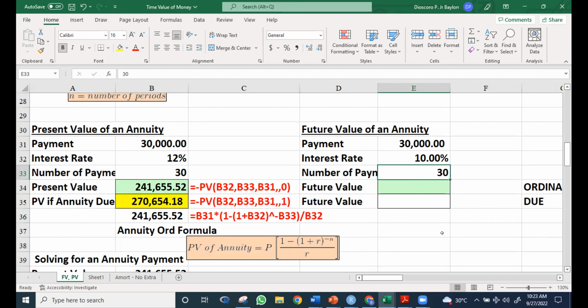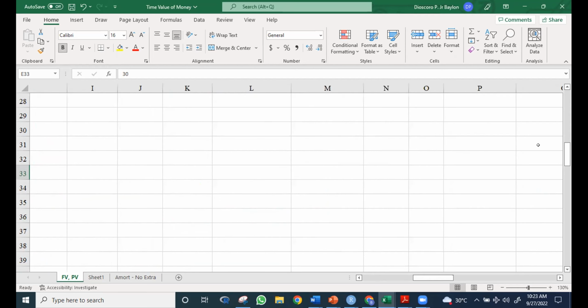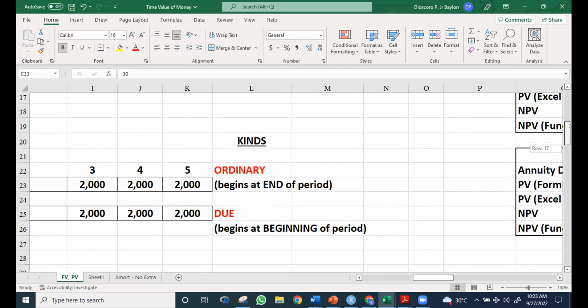So ang implication yan guys, if you're the borrower, if you're the payer, if you're the one who loans, you would want the payment to be at the end of the period. Okay, depende din. Any questions? 270,654, which is the same as a while ago.